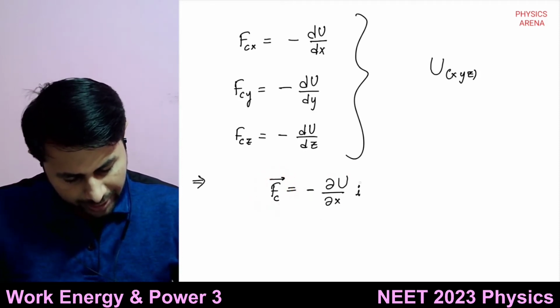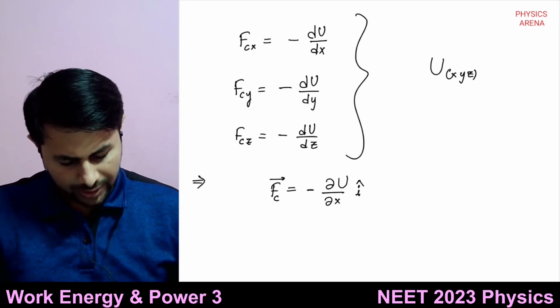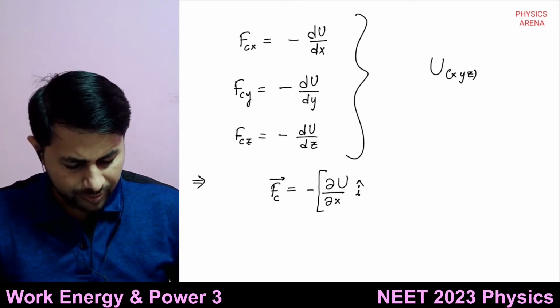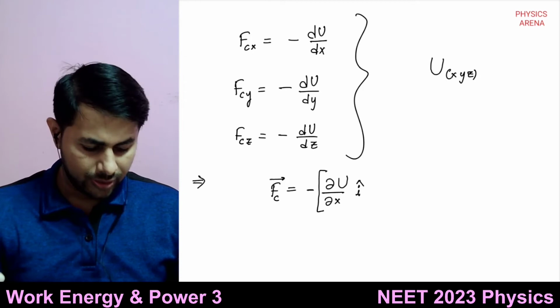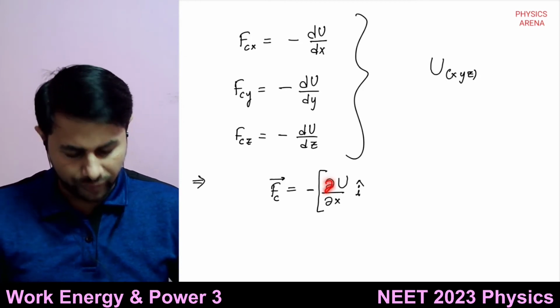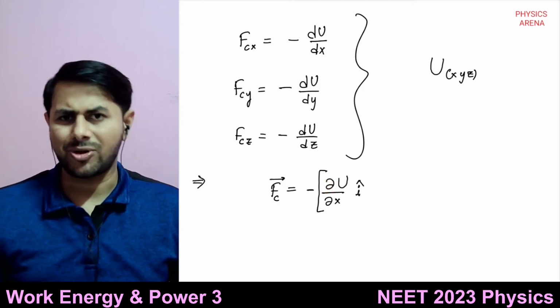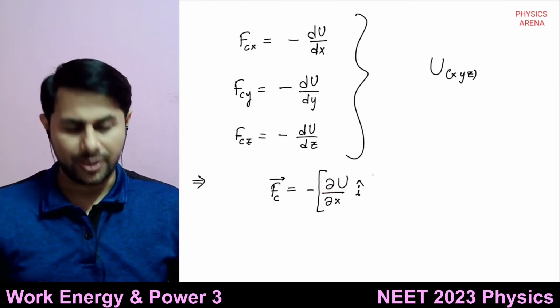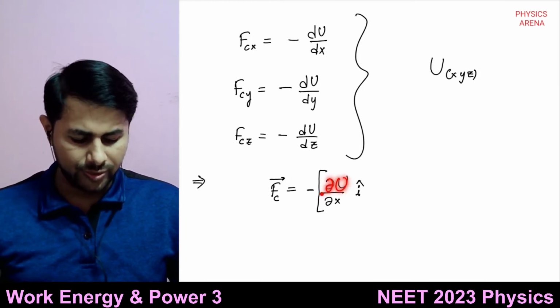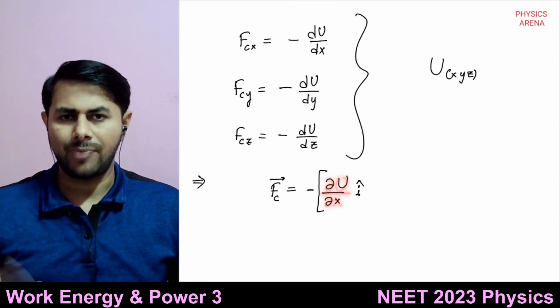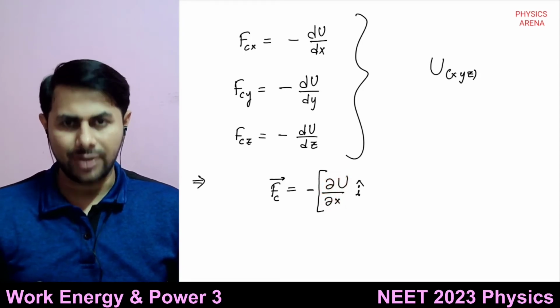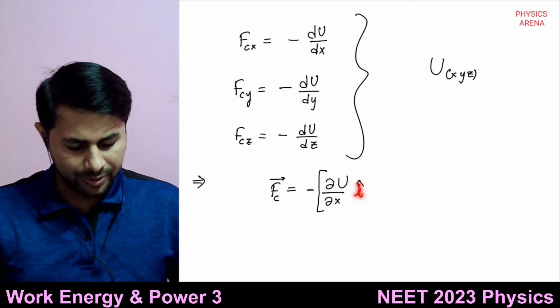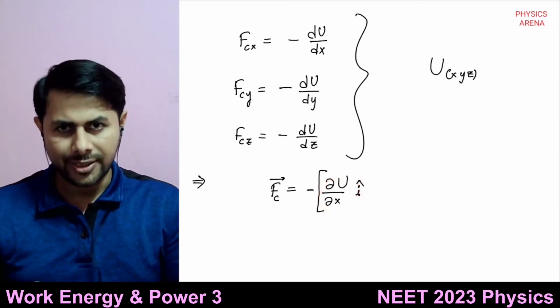Therefore, multiplied by i cap, and I can take the minus sign common. This is called dou, or some people call it daba, or you can just say partial. So partial U, partial x, or the partial derivative of U with respect to x, into i cap, gives the x component.